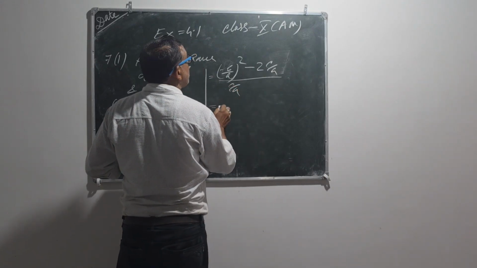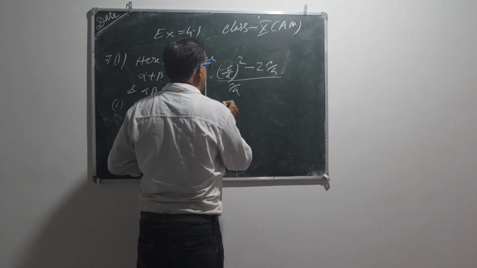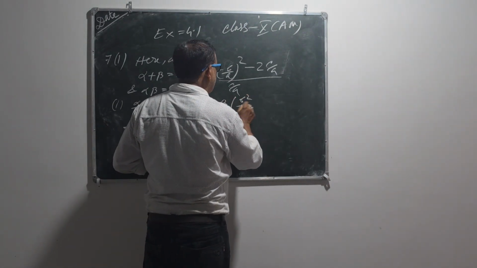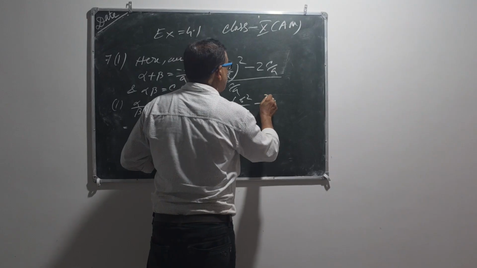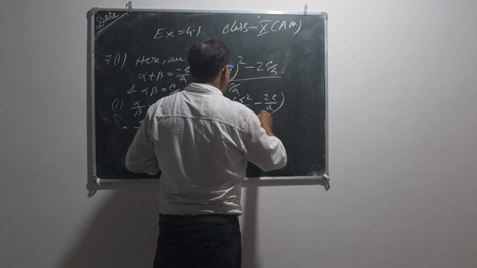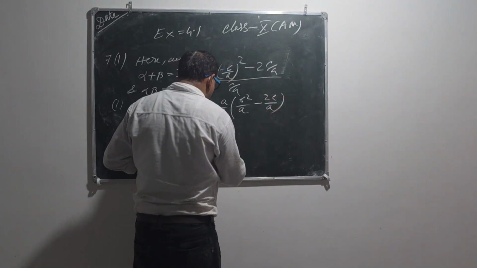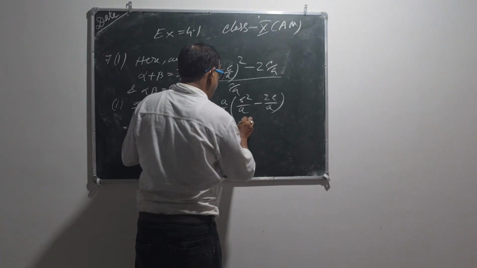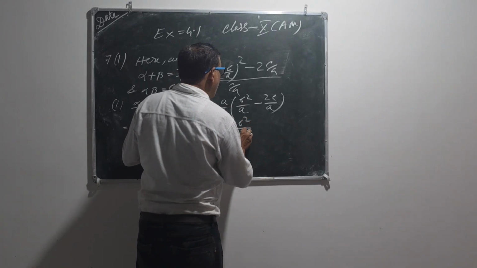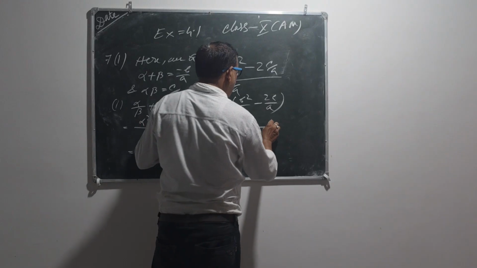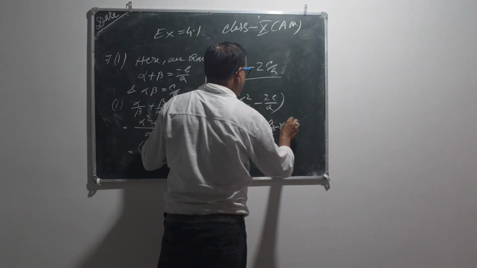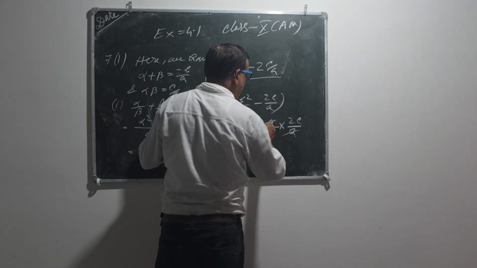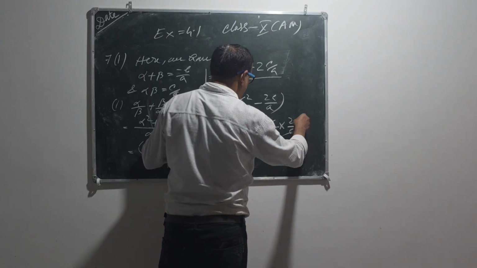So further we can simplify it. It will be a by c whole into b square by a square minus twice c by a. Let us multiply by this. Then it will be a divided by c into b square by a square, minus a divided by c into twice c divided by a. A can cut, c can cut.